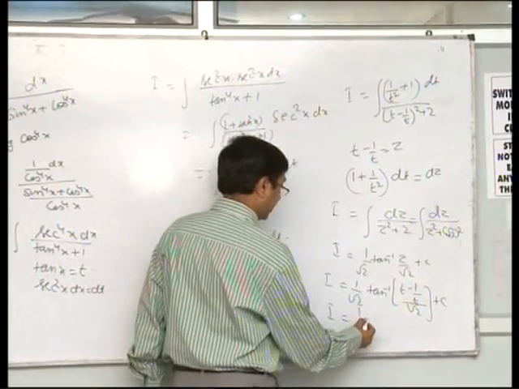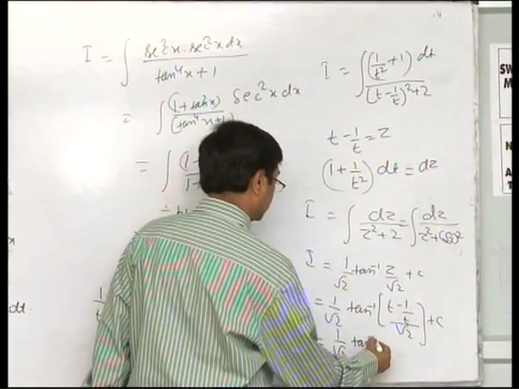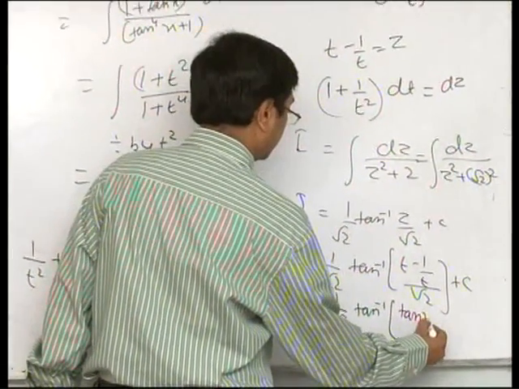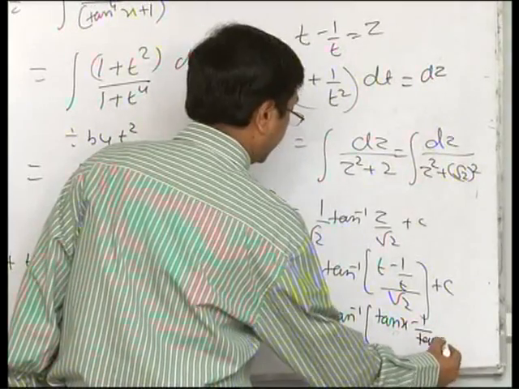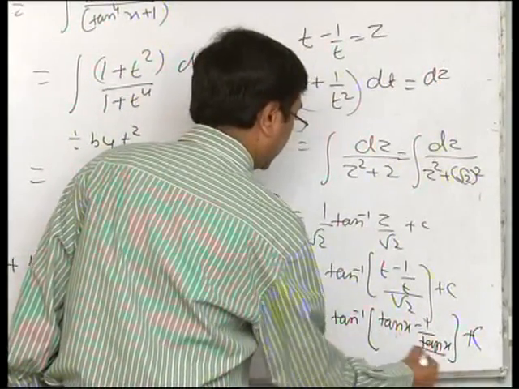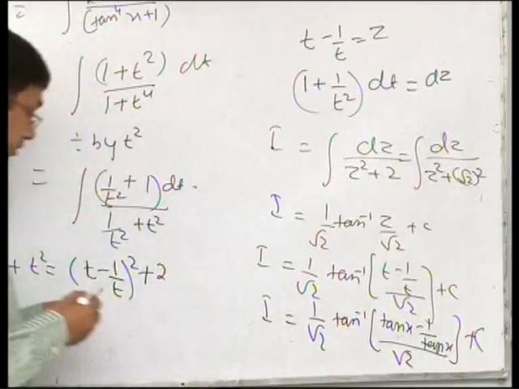So 1 by root 2 tan inverse of tan x minus 1 by tan x, plus c, and the whole divided by root 2, which you can write.